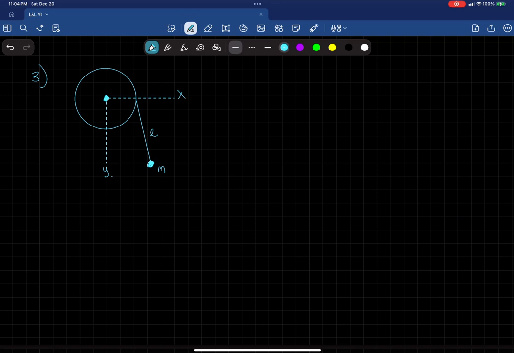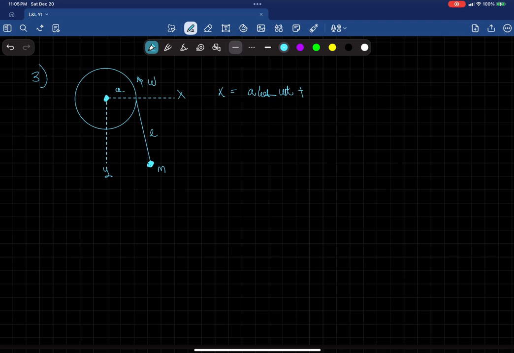Now let's first begin with x. X is easy. We know that it's moving with constant angular frequency omega. From the unit circle, we know that our x-axis on a circle always corresponds to the cosine of whatever angle we have. I'm also going to call the radius of the circle A. So we have A cosine omega t.